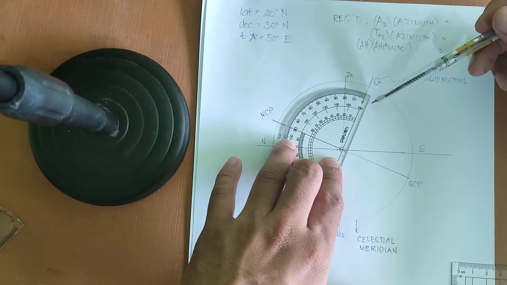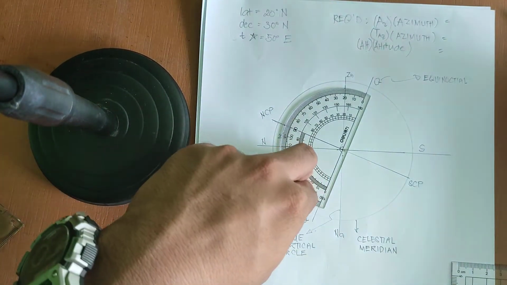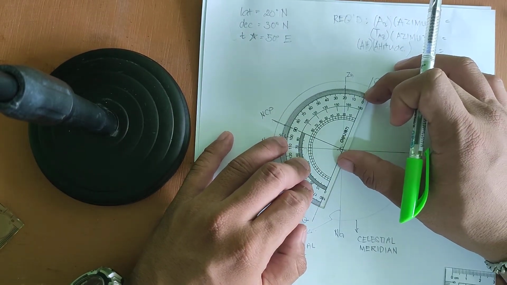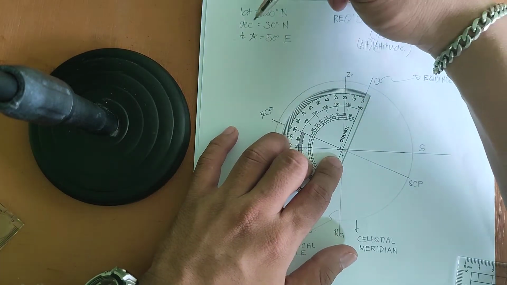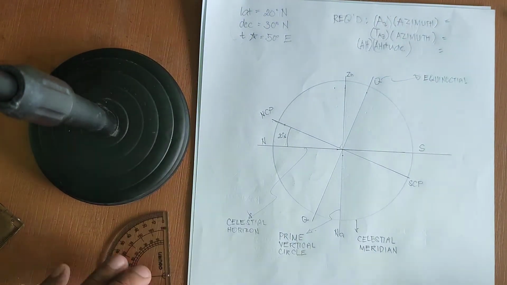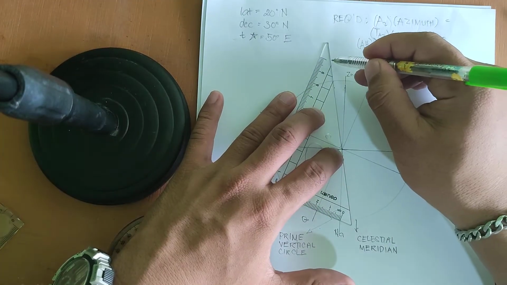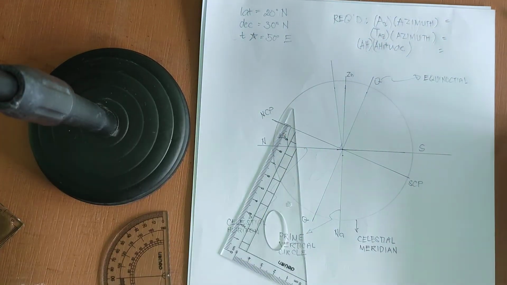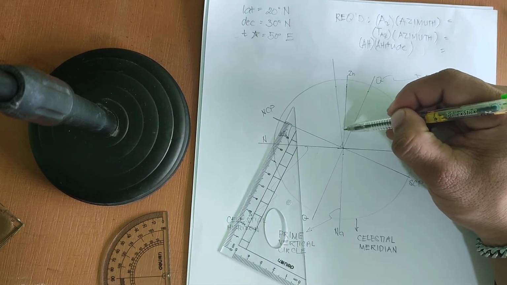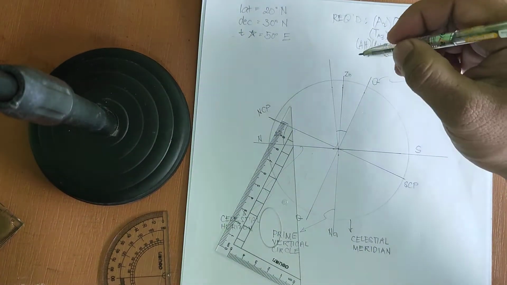If it is south, so you will plot definitely below the equinoctial. Okay, so 30 degrees, 10, 20, 30. I will mark here and then plot. So this will be my declination now. Here, this angle is my declination. So that is 30 degrees north.